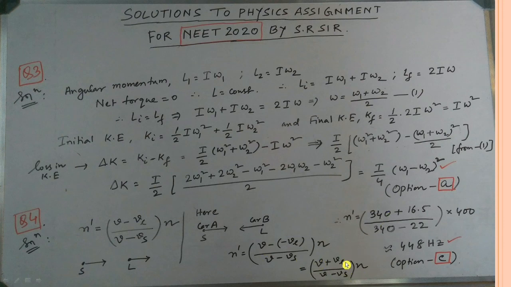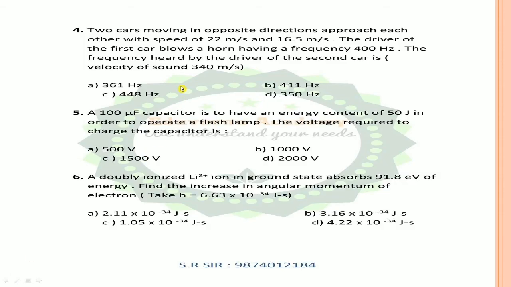So v is 340, the listener has a velocity 16.5, and the source velocity is 22, because car A is emitting the sound. Here it is told that the driver of the first car, that is car A, blows a horn with frequency 400 Hz. So that is the source. The frequency heard by the driver of the second car means it is the listener, the second car, with velocity vl.